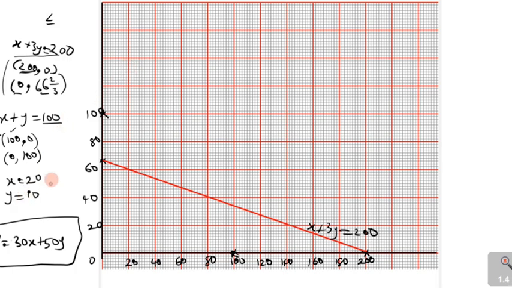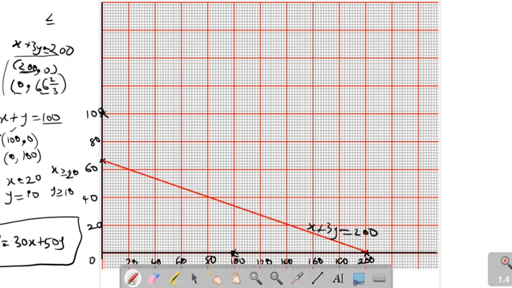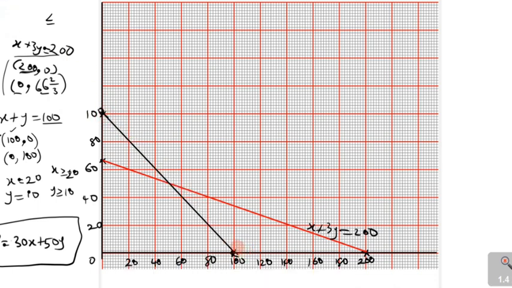And remember that for this, it was x is greater than or equal to 20, y is greater than or equal to 10. So you also remember that. So for this, there are inequalities. So I'll draw a line through that. So I'm going to draw the line to intercept this.